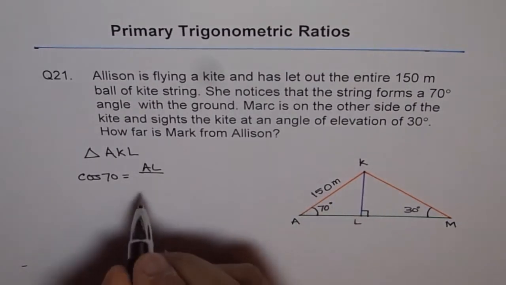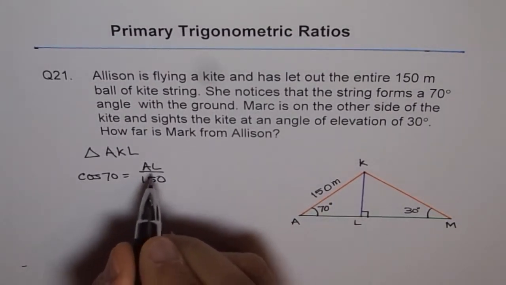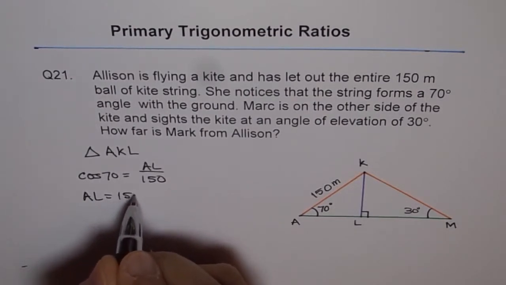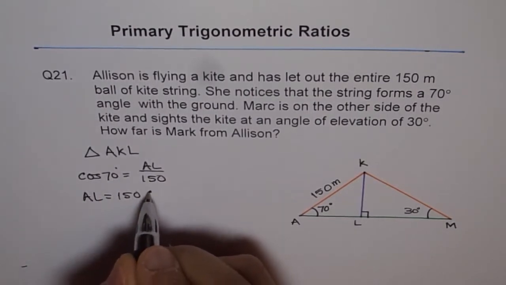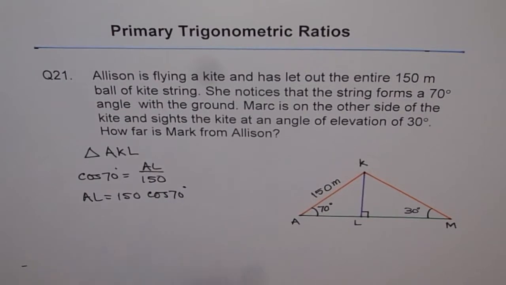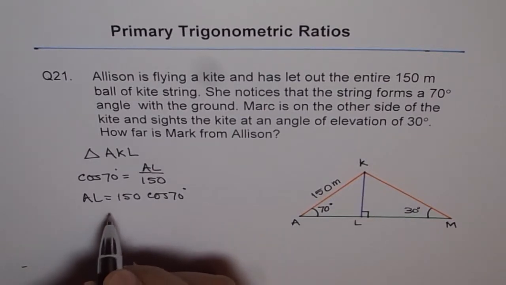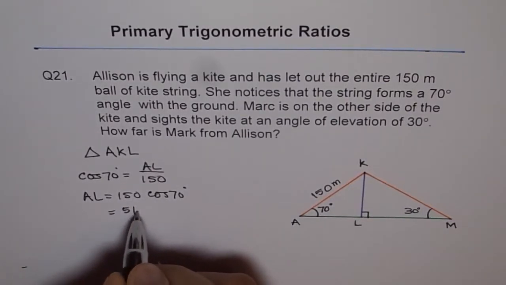Hypotenuse is 150. So from here we can say AL is equals to 150 times cos of 70 degrees. So you'll use calculator to figure this out. So 150 times cos of 70 equals to 51.3. So we get AL as 51.3.